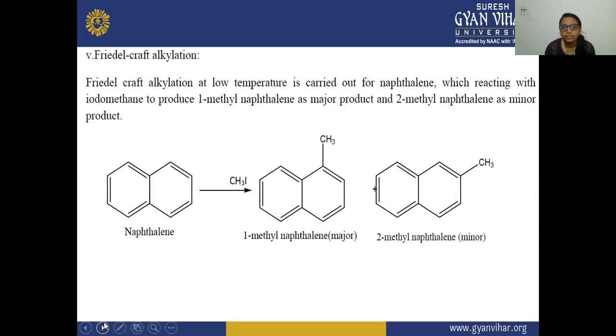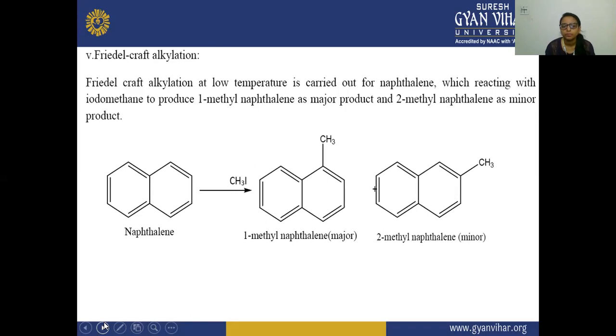So alkylation means that this polynuclear hydrocarbon is going to react with an alkyl molecule. Here the alkyl molecule is CH3I, because the CH3 group is the alkyl. So this is a methyl halogen, an alkyl halide. This naphthalene is reacting with this alkyl halide, which is methyl iodide, and it produces two products, one major and the other minor.